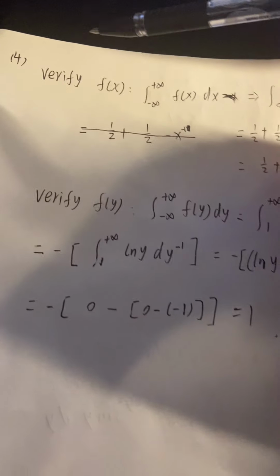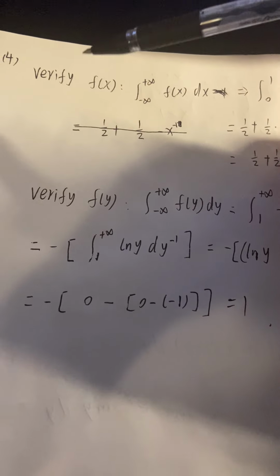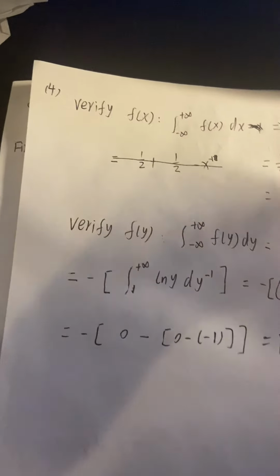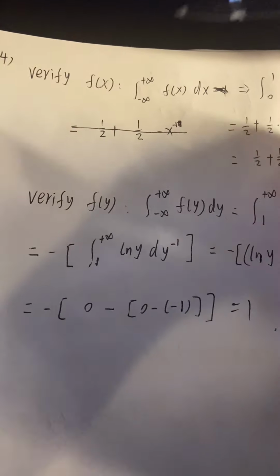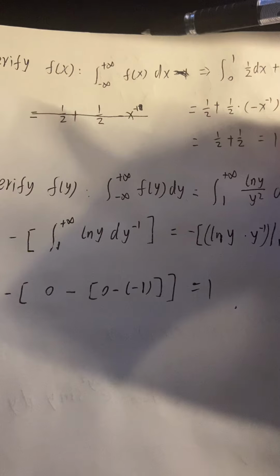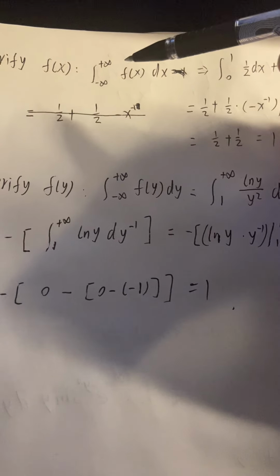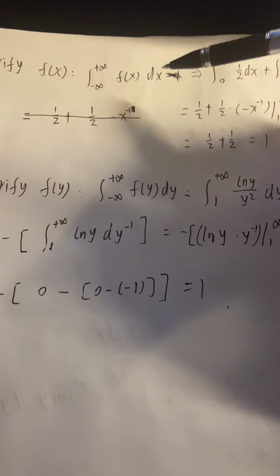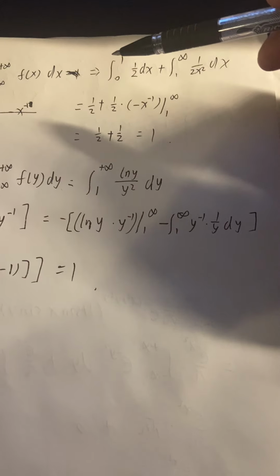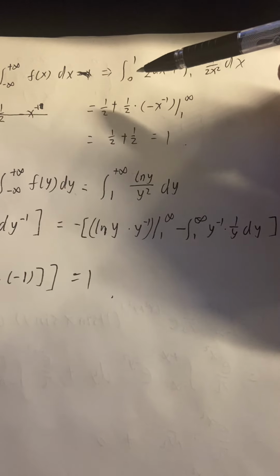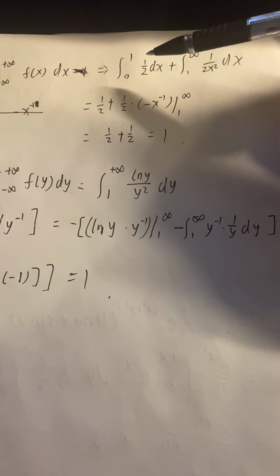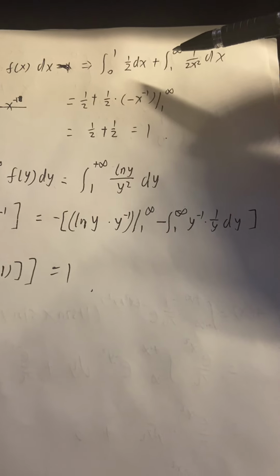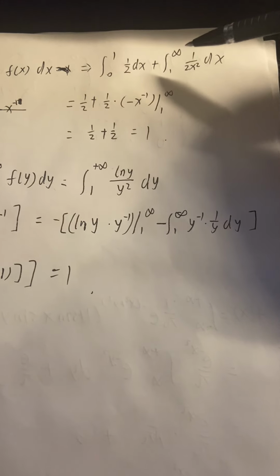The question 4, verify f x and f y are valid density functions. First, we can verify f x. The integral from minus infinity to infinity of f x dx is the integral from 0 to 1 of 1/2 dx plus the integral from 1 to infinity of 1 divided by 2 times x squared dx.